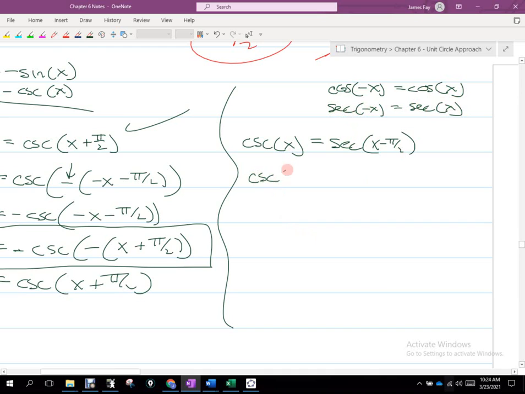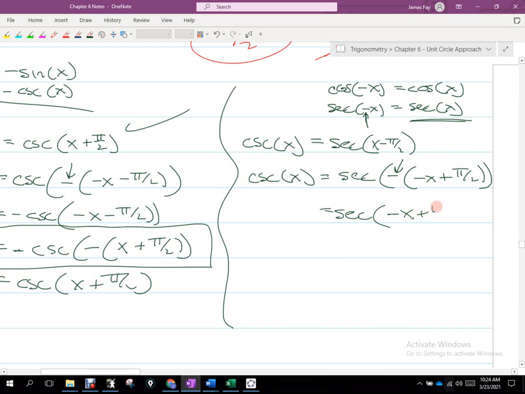So if I go cosecant of x is equal to secant, okay, now I can take a negative out of these, so it'll be negative x plus pi over 2, and now that negative, which would be correlated to that one right there in the property, will vanish when I rewrite it. So this is equal to secant then of negative x plus pi over 2, and we get secant of pi over 2 minus x.